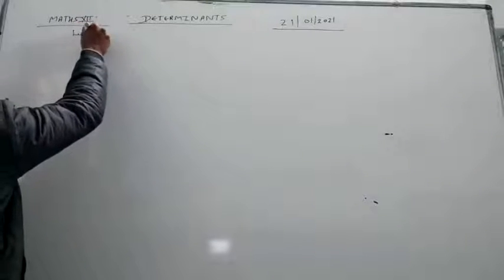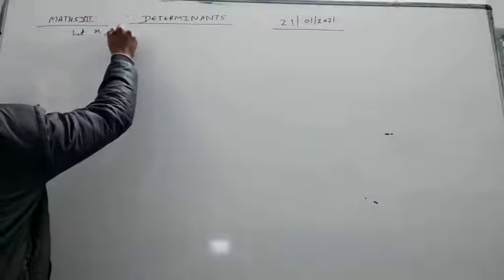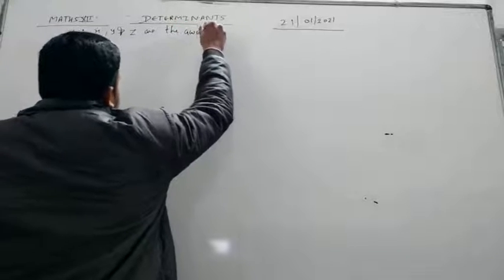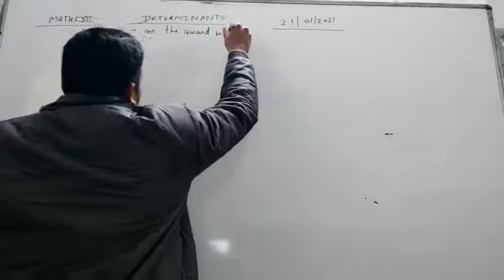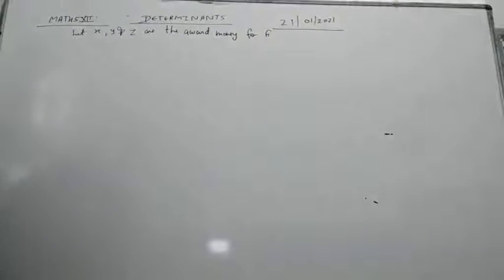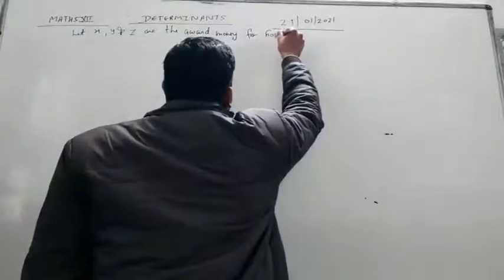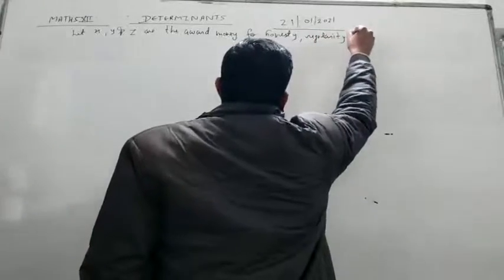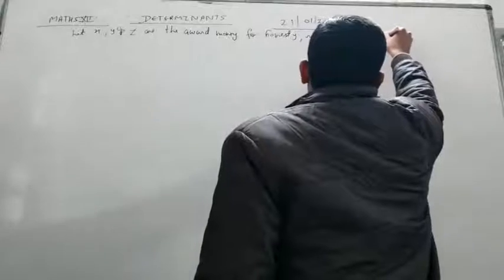And so students, we are supposing that let X, Y and Z be the award money for the values honesty, regularity and hard work.